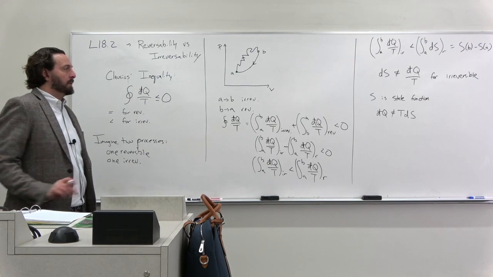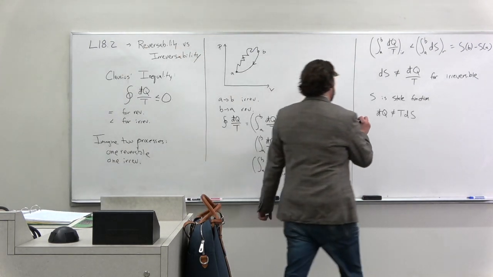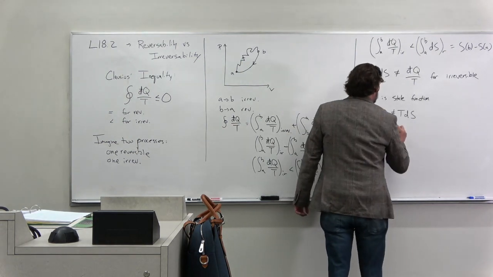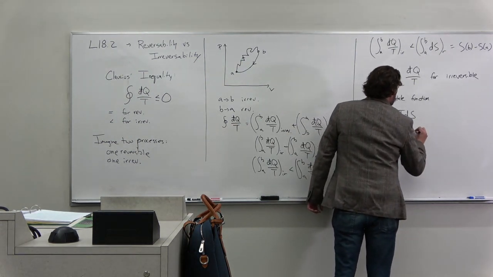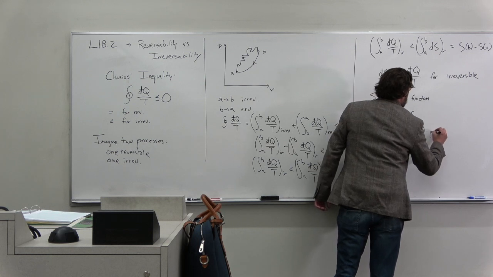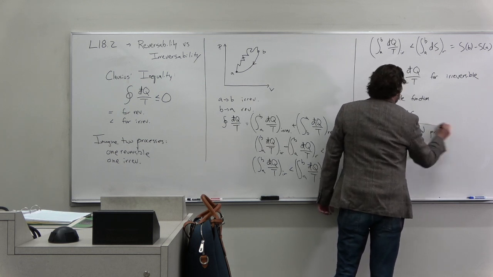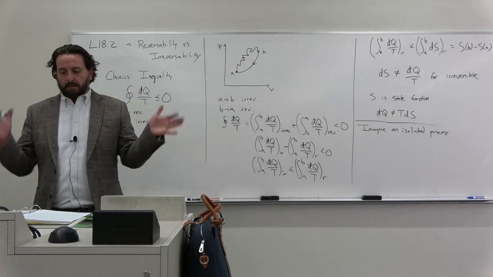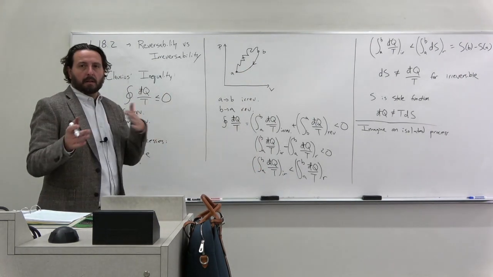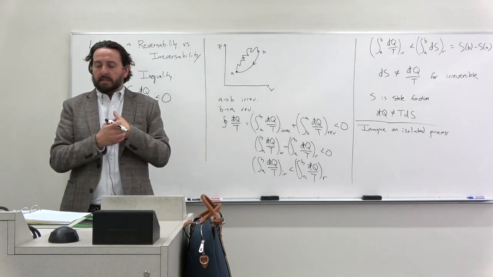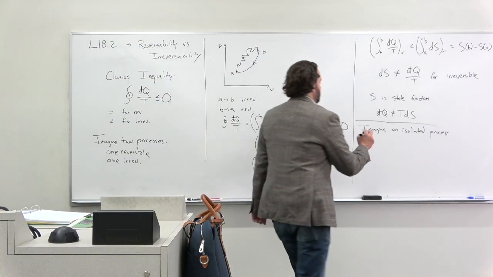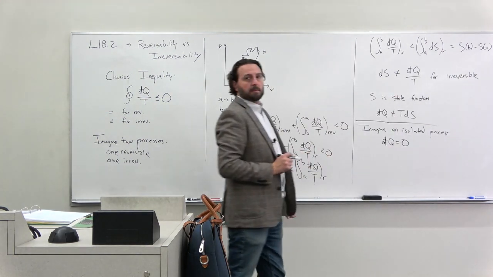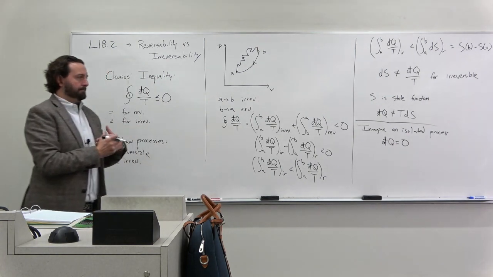Okay, so imagine though an isolated process. So where we're doing this entirely inside of some system where no heat can come in or out, right? Completely isolated from the rest of the world. Then dq is equal to 0, because q is equal to 0.